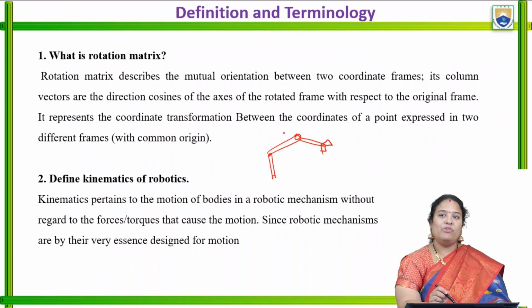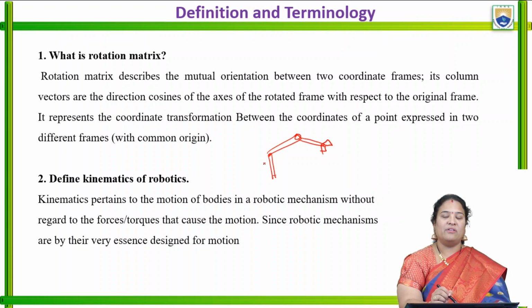When we need to find the mutual orientation between two coordinate frames, it will be determined by the rotation matrix. Whether in column vectors, they are the direction cosines of the axes of the rotated frame with respect to the original frame.